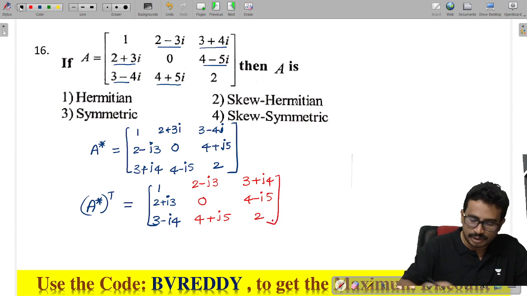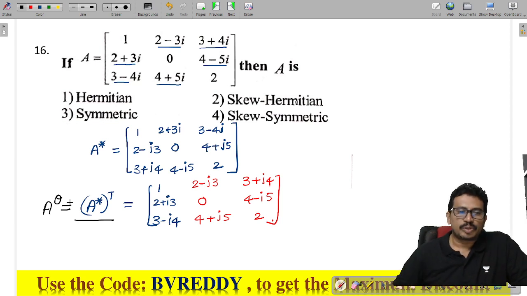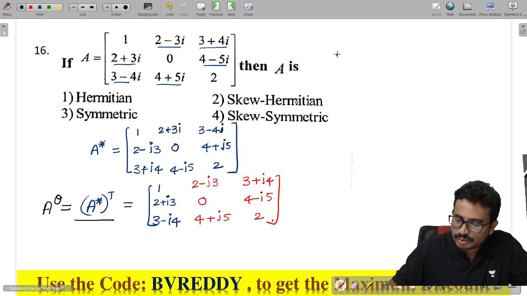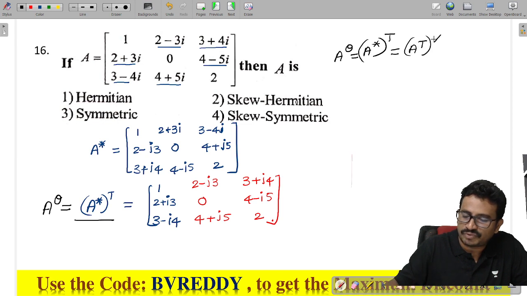Now if we observe carefully, this type of operation, which we call the transpose conjugate, is, as we know, the transposed conjugate A theta, which is defined as A conjugate transpose, which is also equal to A transpose and then conjugate.